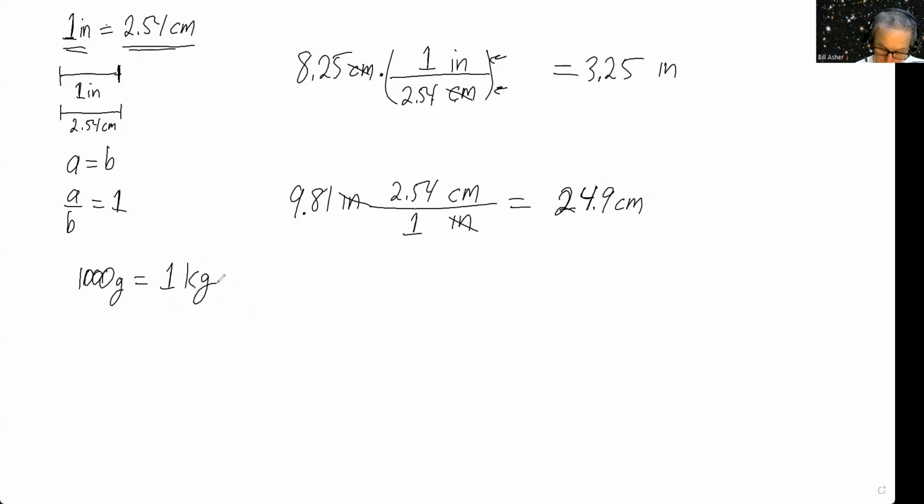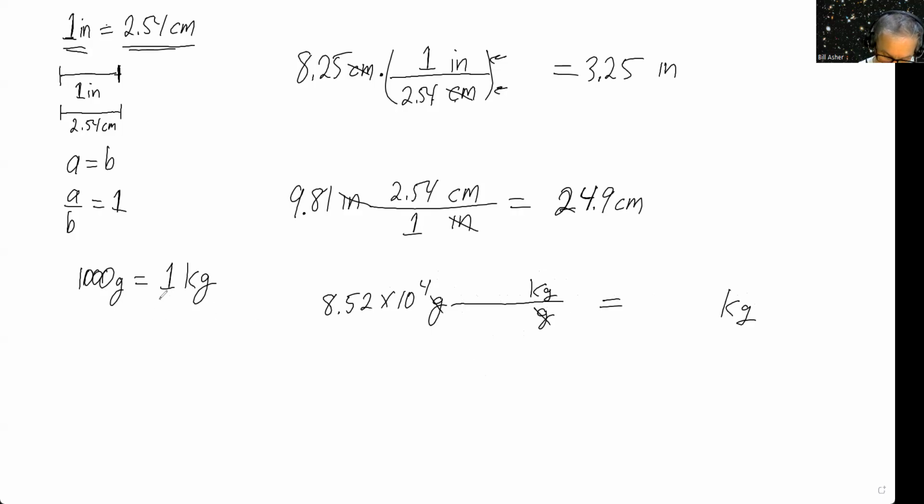And let's say we want to convert 8.52 times 10 to the fourth grams into kilograms. Then we're going to need a conversion factor with units of kilograms over grams, because then grams will cancel in the numerator and denominator.